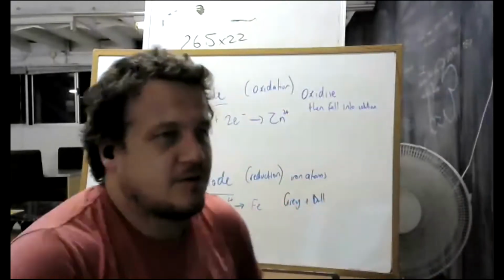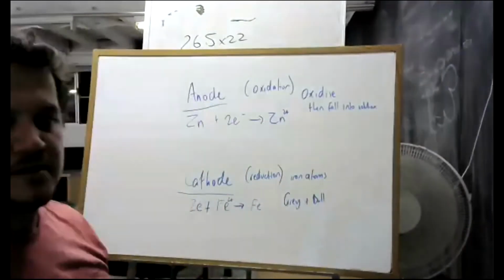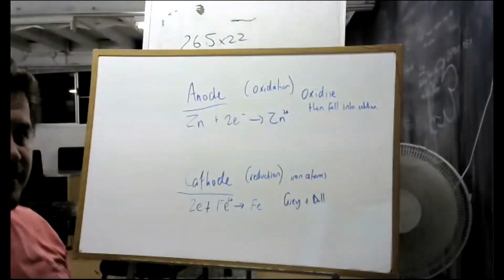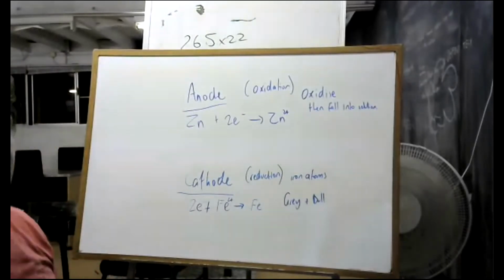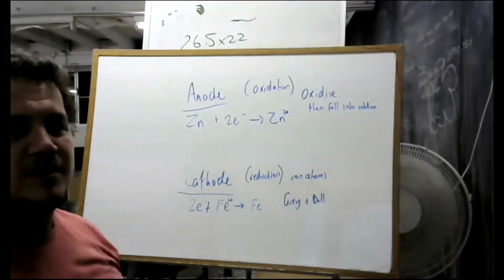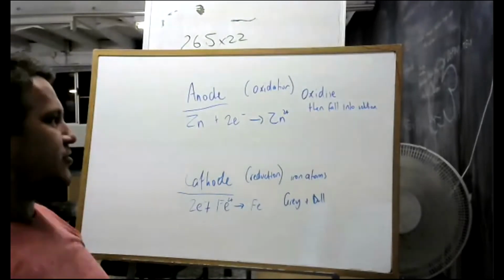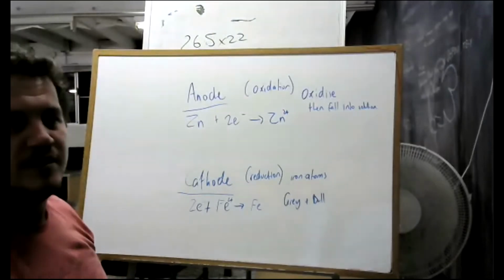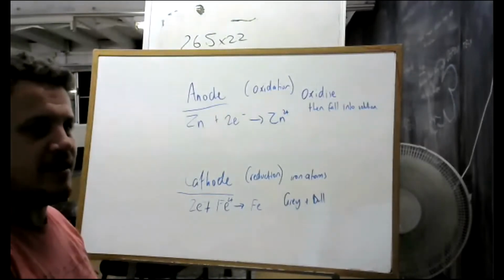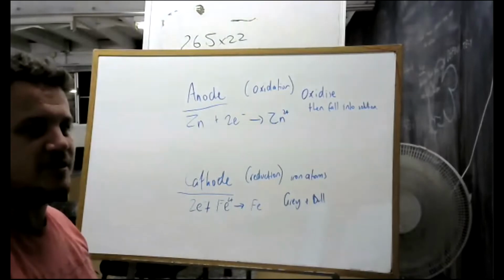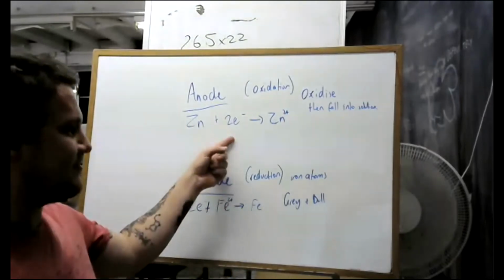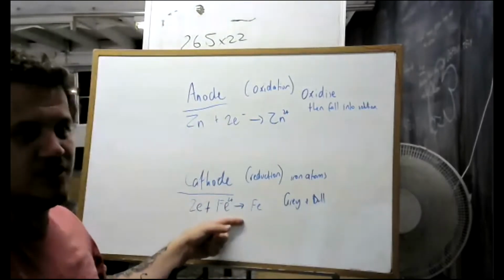Now, the next part of the question asks us, what kind of voltage could we produce with this? So you need to go to your formula book and find the standard electrical potential of the oxidation of zinc, and then the reduction of iron.